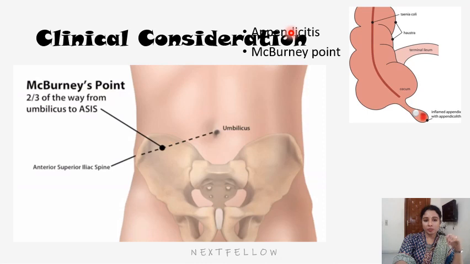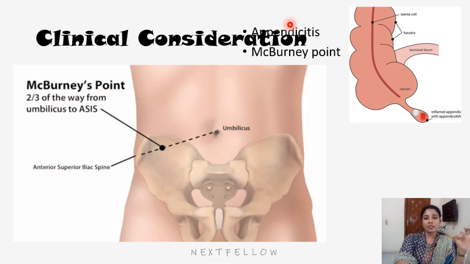Next we shall look at this McBurney point. If you draw a line joining the umbilicus and anterior superior iliac spine, and now you divide the line into 3 segments, the junction between the lateral 1/3 and medial 2/3, this point near the right iliac fossa, is the McBurney point.